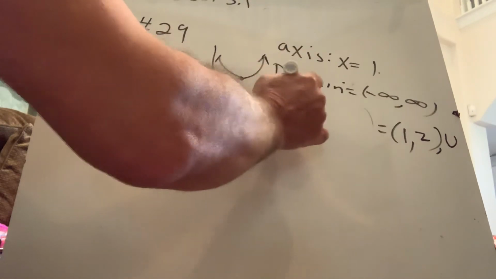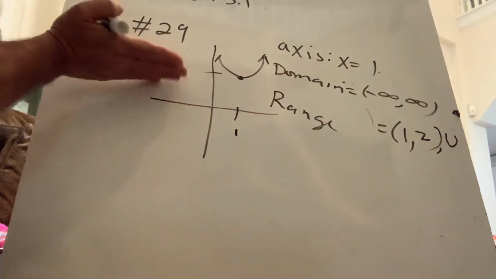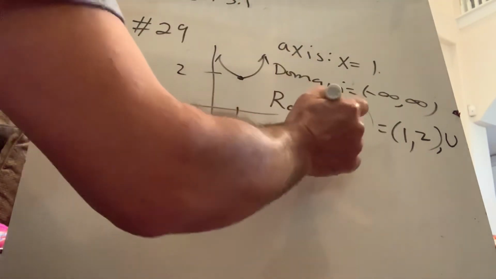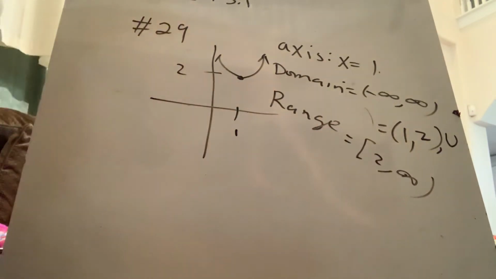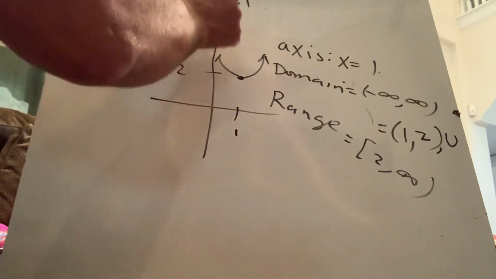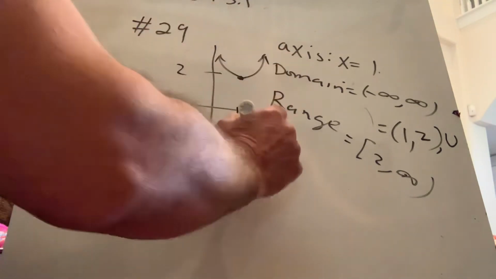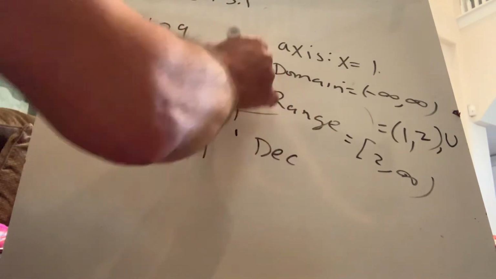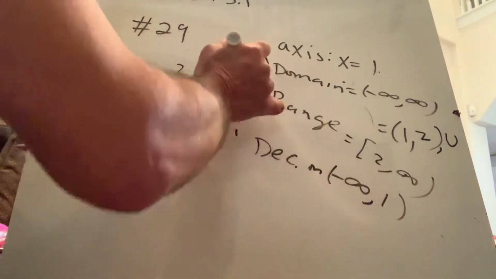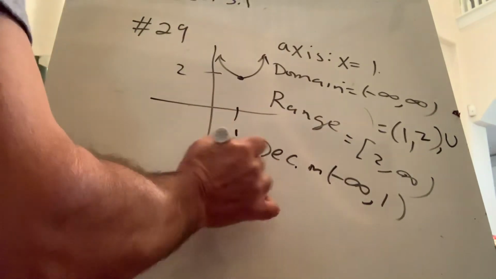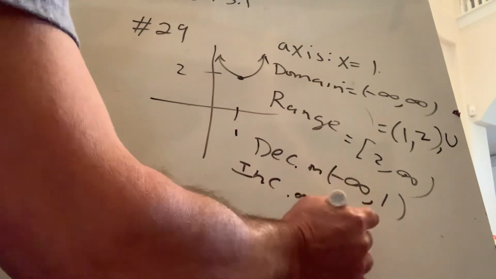The range starts from 2 and goes up, so it will be all numbers greater than or equal to 2, so bracket 2 to infinity. And when the graph goes down, the function is decreasing, so it will be decreasing on negative infinity to 1, and then once it gets to 1, it goes up, so it becomes increasing on 1 to infinity.